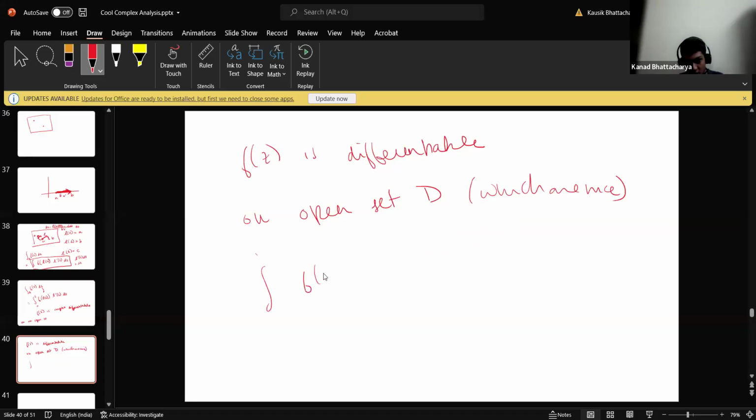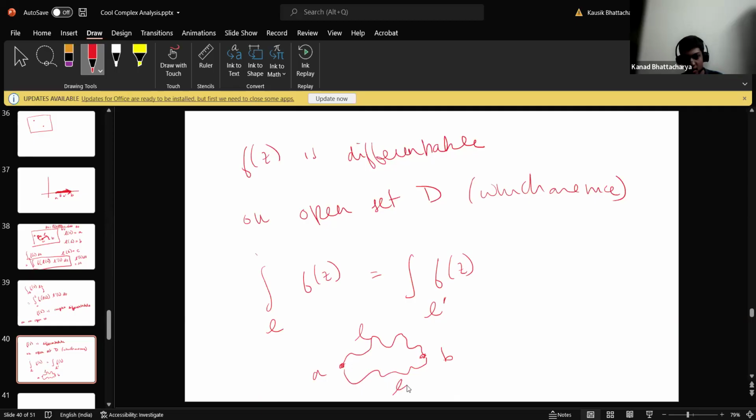The integral of f(z) dz on a path L. Here L and L' are basically two paths which start and end at the same point.